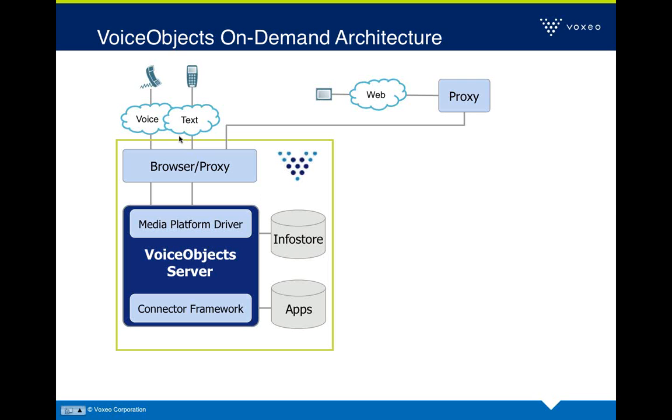If an SMS call comes in, that SMS reaches out through the carrier, through SMS aggregators, and reaches our SMS browser or SMS gateway, which then in turn talks to VoiceObjects server to get the application logic from. And in case of web, things look a little different. We do have a proxy server in our network that you can directly access.